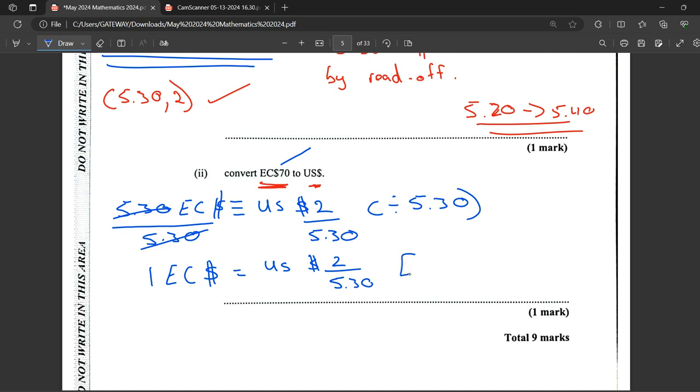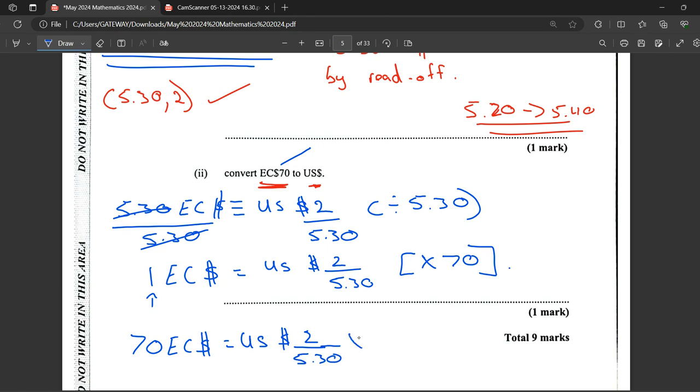So I could now multiply both sides by 70. I want to find for 70 EC dollars. So if I multiply this 1 here by 70, 1 by 70 is 70 EC dollars. That is equal to the US dollars on the right hand side, 2 all over 5.30. But since you multiply the left hand side by 70, you need to do the same thing to the right hand side, multiply by 70.